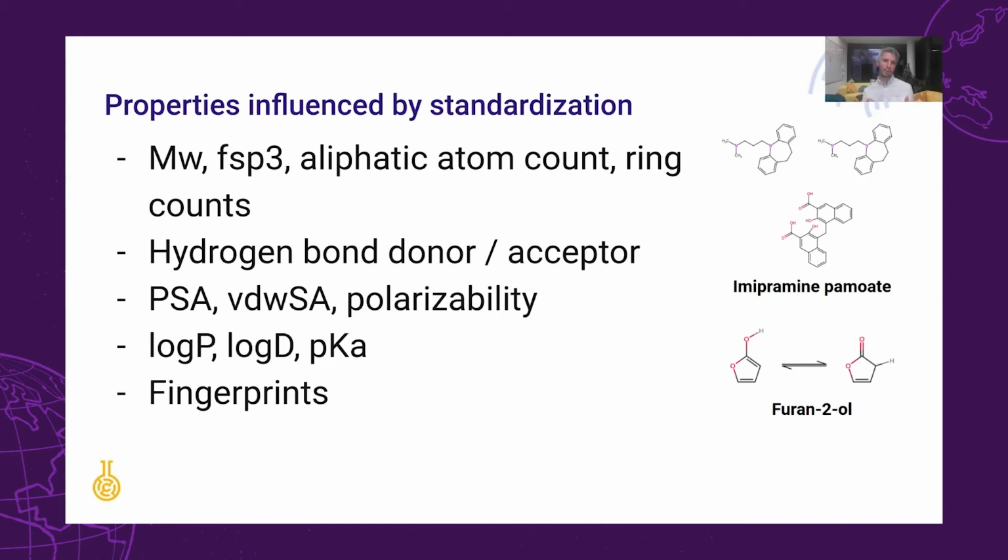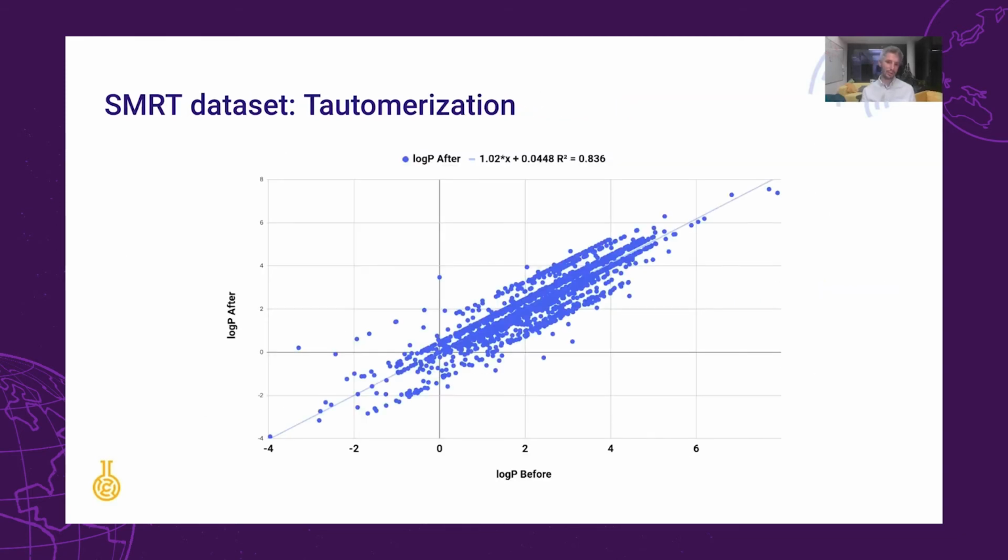These two tautomeric pairs will have different polar surface area, hydrogen bond donor or acceptor count. It influences the fingerprints that are calculated, logP, logD values. Therefore, the descriptor itself will be different for the one molecule that is observed and experimentally studied.